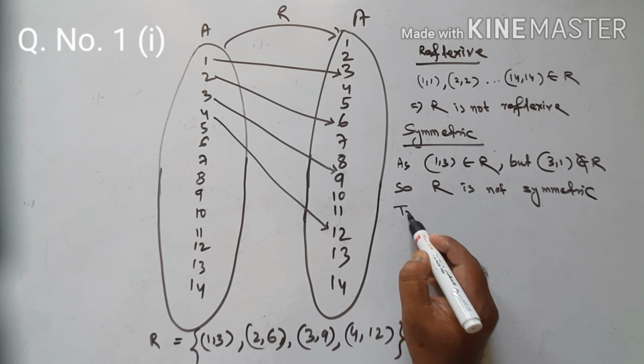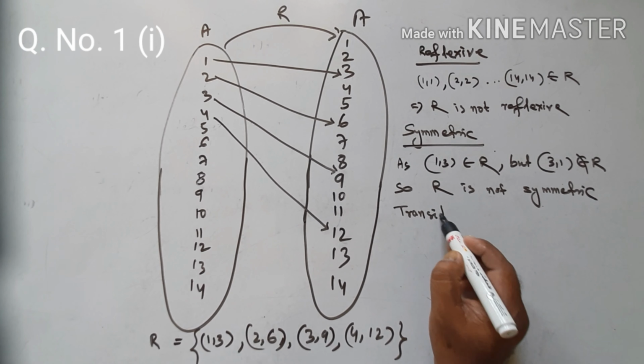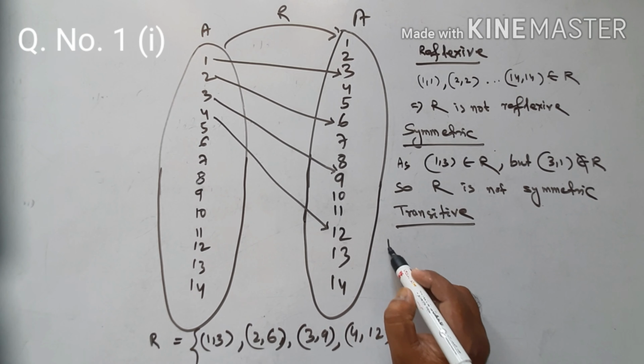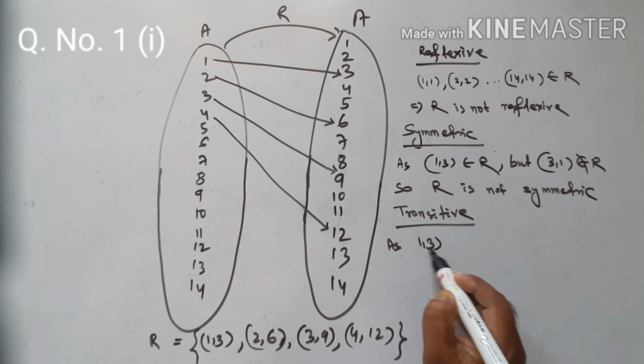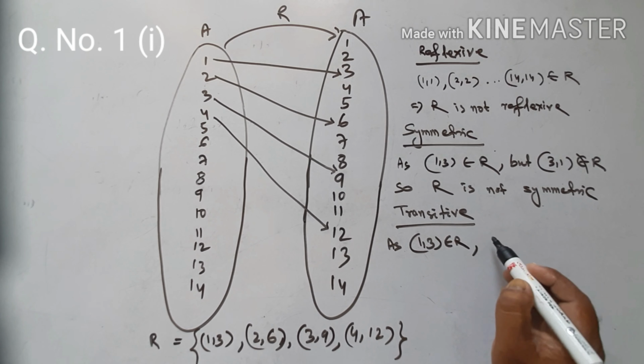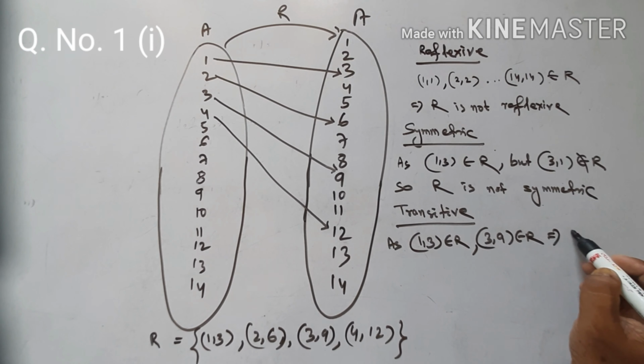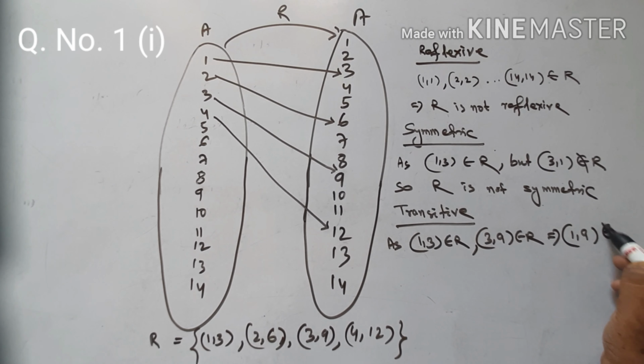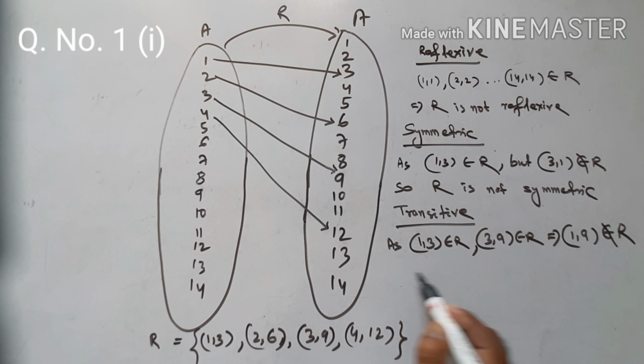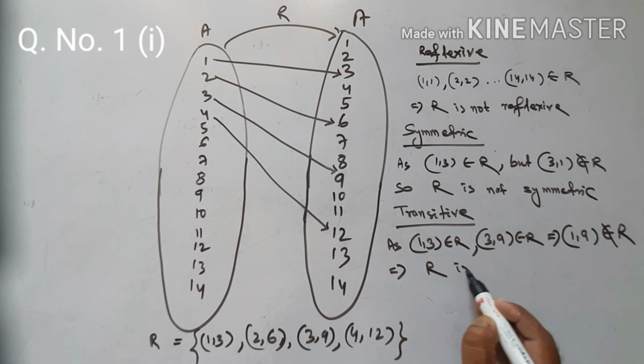Third, transitive. (1, 3) belongs to R, (3, 9) belongs to R, but (1, 9) is not an element of R. Therefore, R is not transitive.